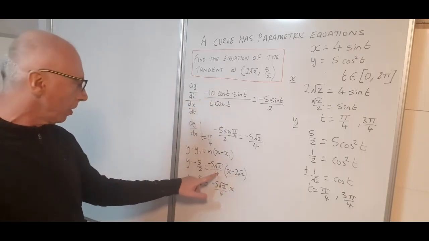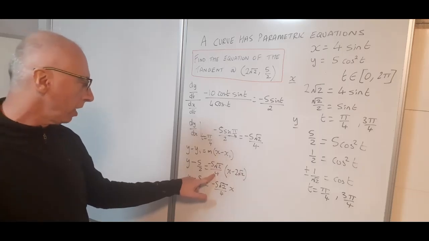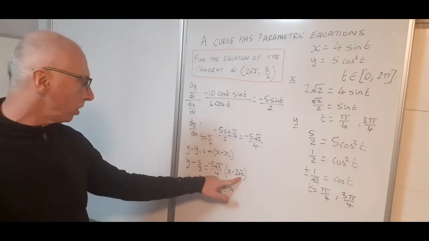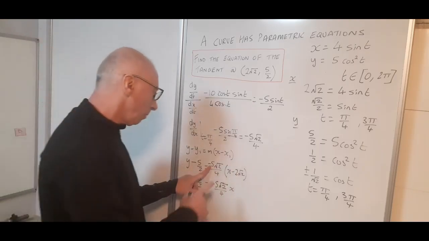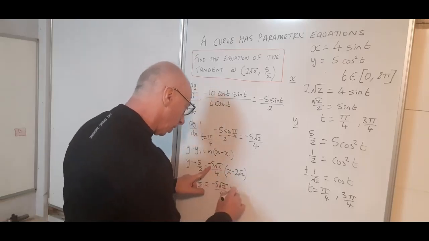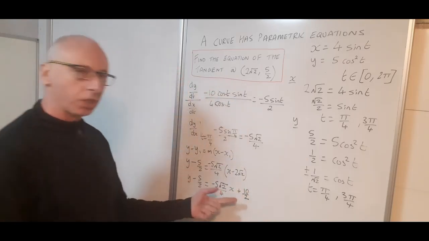Well, the 2 and the 4 will cancel to leave me with just a 2 on the denominator. And the root 2 times root 2 will just give me 2. So that's going to give me minus 10. But the 2 minuses here will also make a plus. So that's going to give me plus 10 over 2, which is 5.